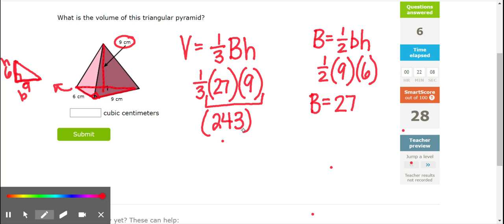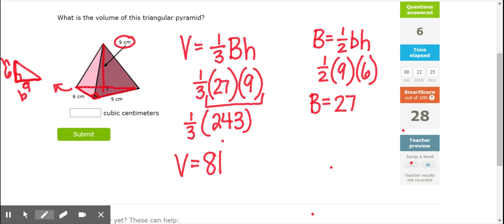So I'm going to multiply that number by 1/3, or I can divide it by 3. So I'm typing in 243 divided by 3, and I get 81. So the volume of this pyramid is going to be 81 cubic centimeters.